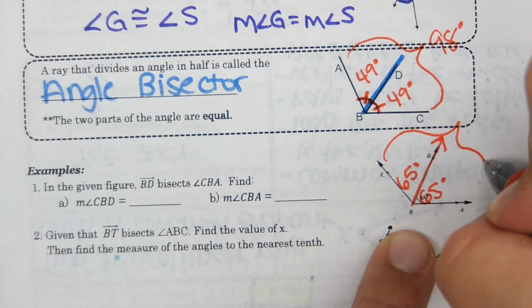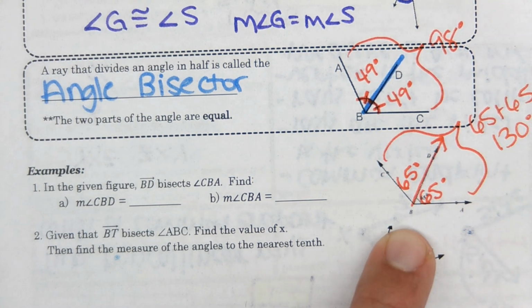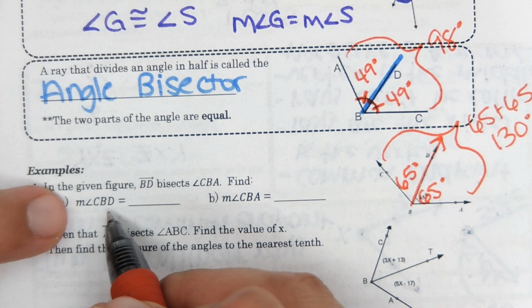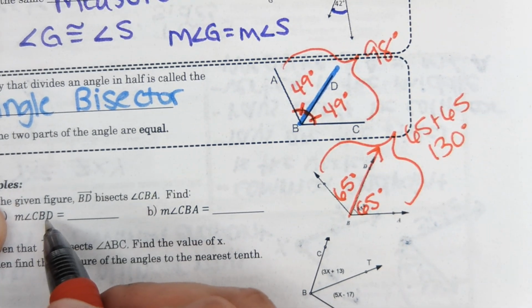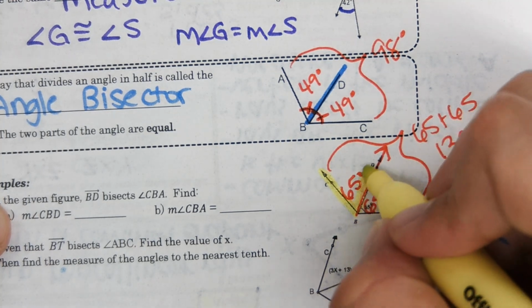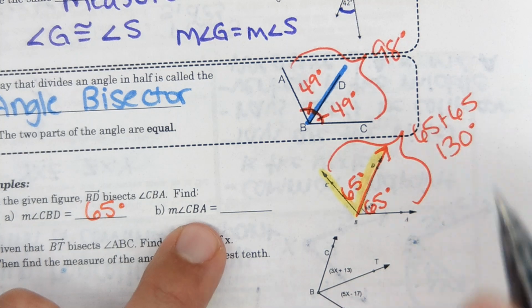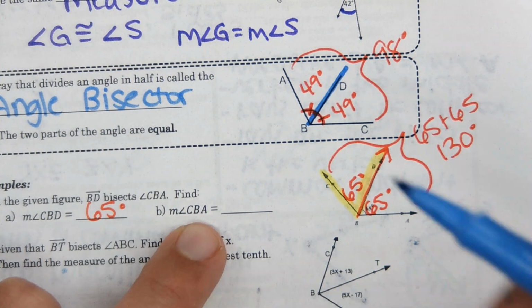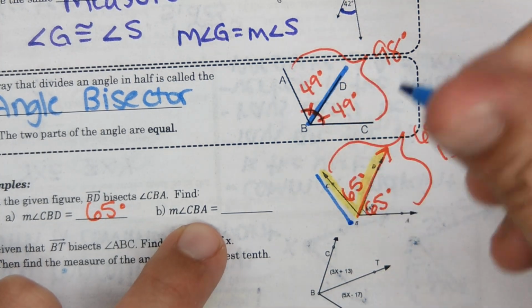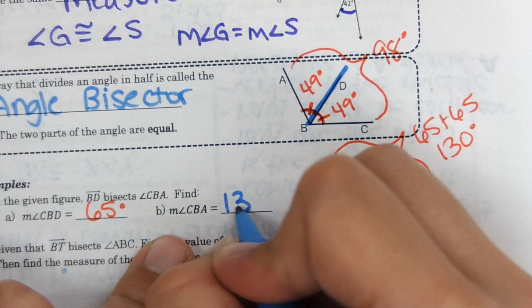And then the whole thing would be 65 plus 65, which is 130 degrees. So then CBD is just this. I labeled it 65 degrees. CBA is the whole thing. That is 130 degrees.